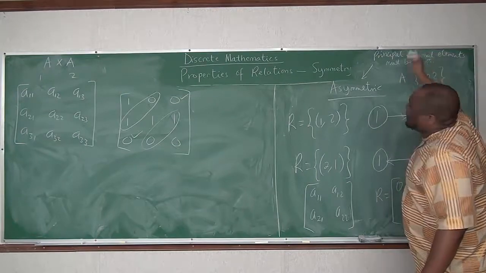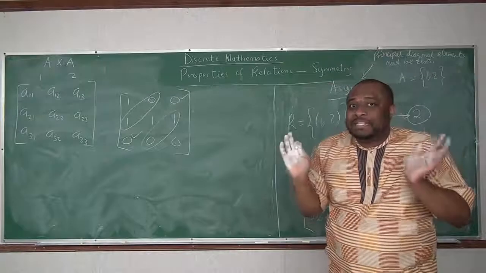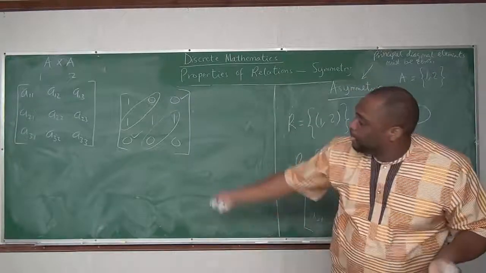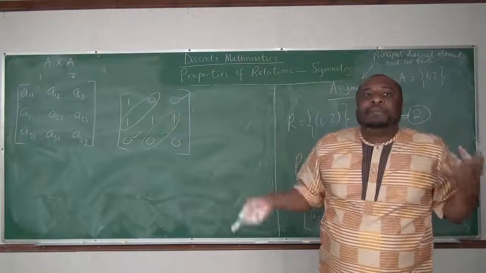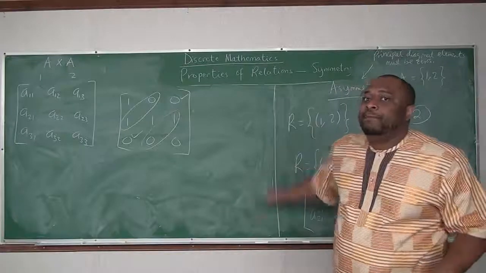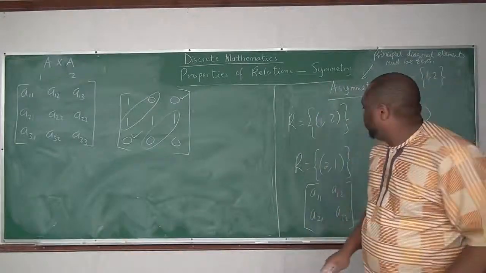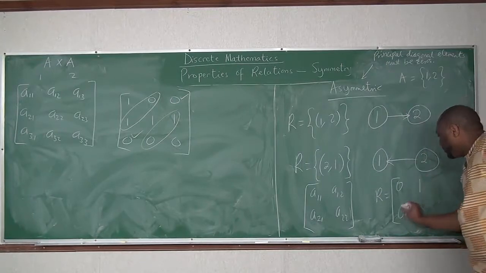Now, it must not be zeros for antisymmetric. It still could be zeros for antisymmetric, but it must not be. Okay? It still could be, but it must not be. It must not be for symmetric, but it still could be. Okay, for symmetric. But for asymmetric, it must be zeros. So 0, 0. And then if we have 1 here, we must have 0 here.